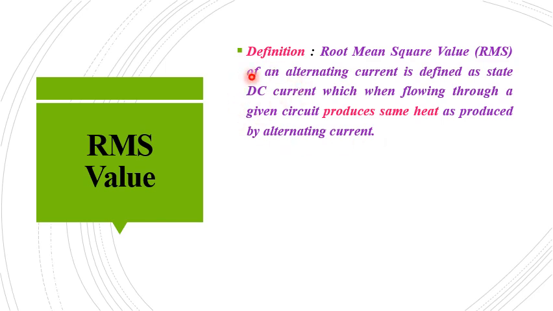So this is the DC equivalent which can produce the same heat, that means the same power loss, as an alternating current. The RMS value of AC is usually calculated when we need to find the power consumed by an electrical circuit, because it produces the same heating effect.